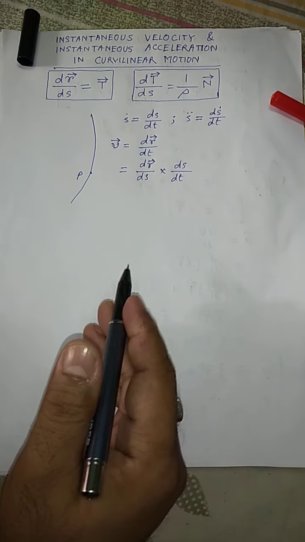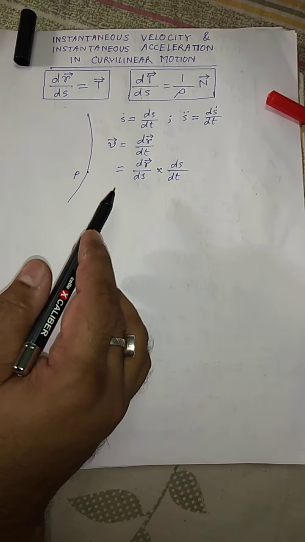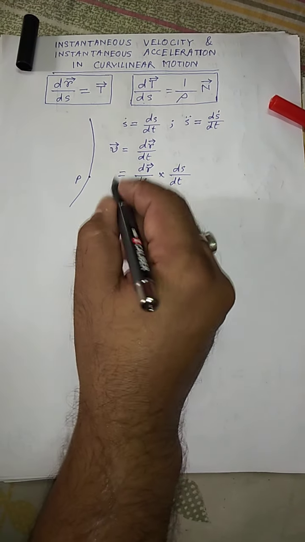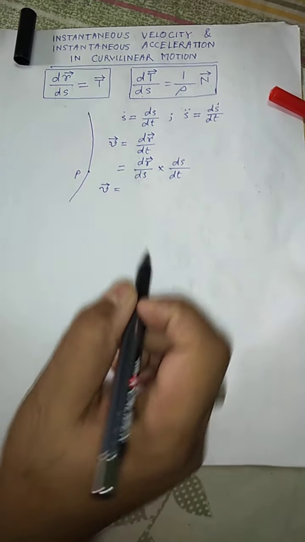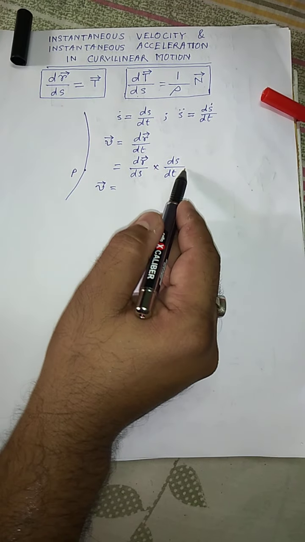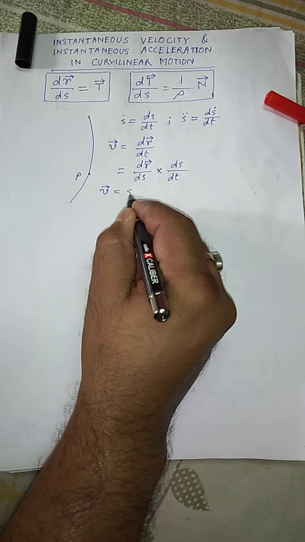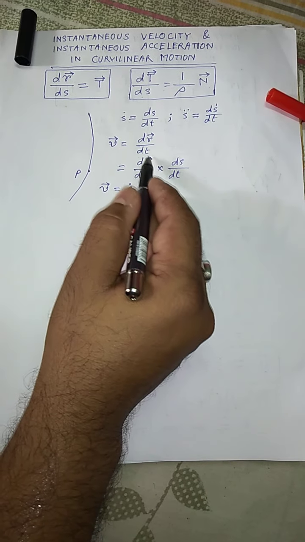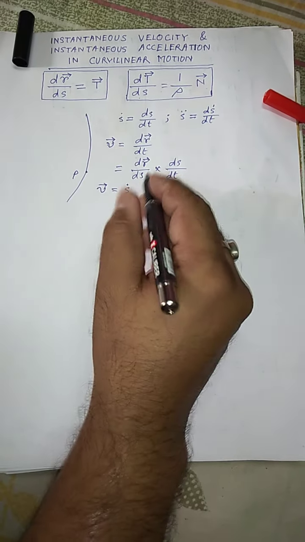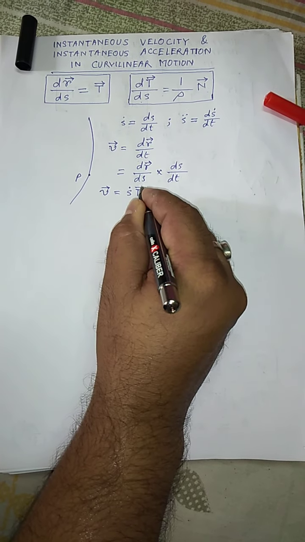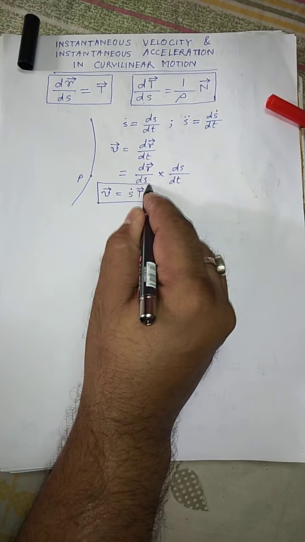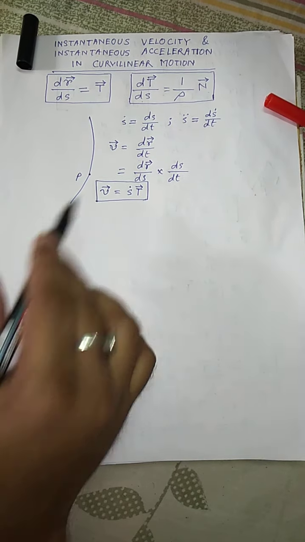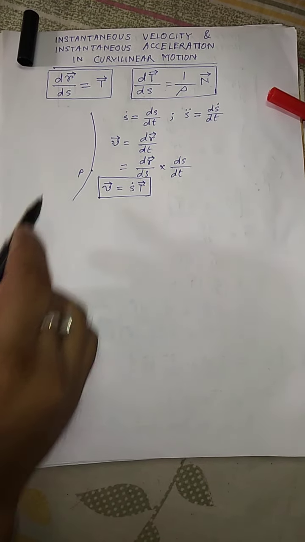And thus we find the expression for the instantaneous velocity, and it is given by vector v is equal to, in place of ds dt, we write s dot, and in place of d vector r ds, we write the unit tangent. And this is the expression for the instantaneous velocity of the particle at point P.